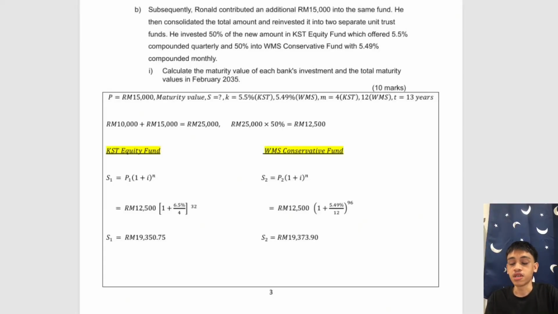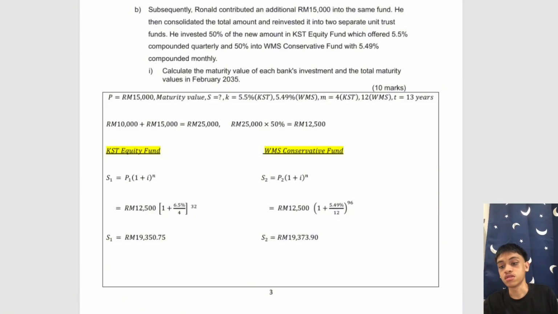I will be explaining how to solve question 1BI. For this question, you need to calculate the maturity value of each bank's investment and total up the maturity values in February 2035. Firstly, you need to gather all the information that you need to solve this question.